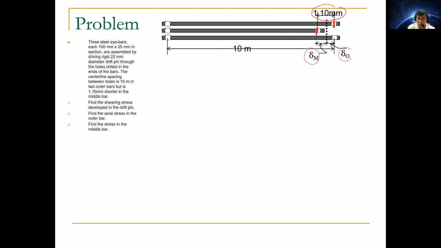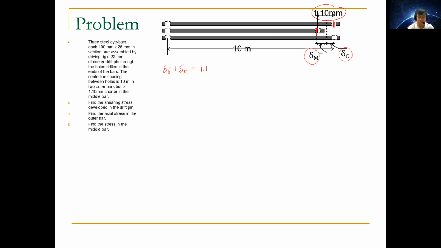The deflection caused by the outer bar and the deflection caused by the inner bar. So for our compatibility equations, we're going to have sigma delta outer plus sigma delta middle is equal to 1.1 millimeters.